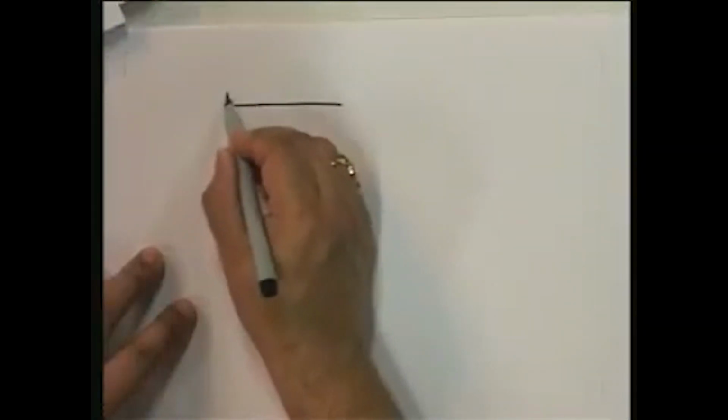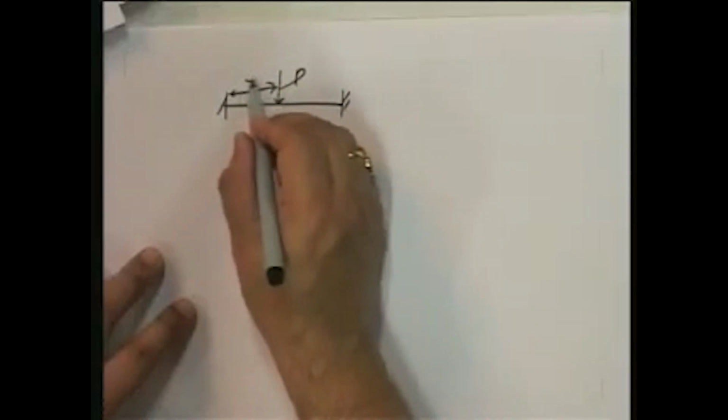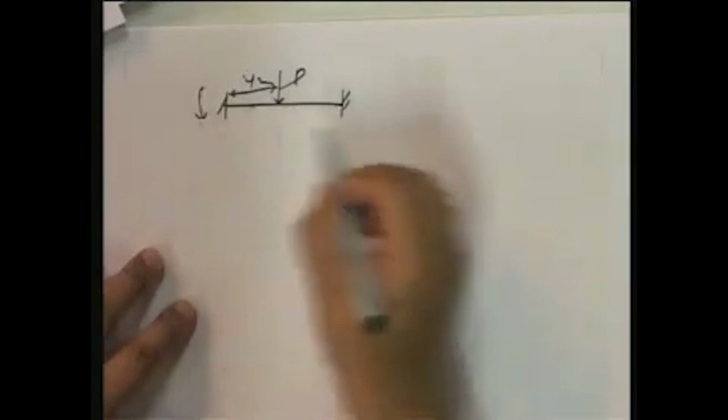Okay, so now if I do that, let us see for this particular case what we've got. P at L by 2. What is the fixed end moment?